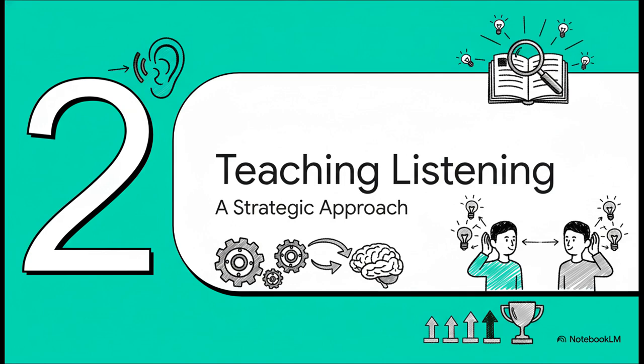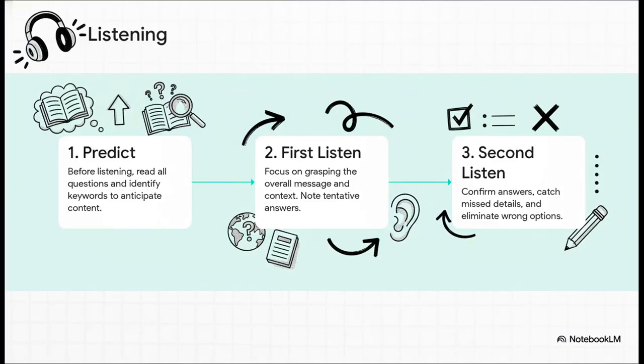So, how do we actually build this into our teaching? Look, listening isn't some passive thing where you just hope for the best. It's an active skill, and it's a teachable skill. So right here, we're going to explore the strategies that really empower students to take control. The key is to give your students a system they can rely on. First, before the audio even begins, they predict.